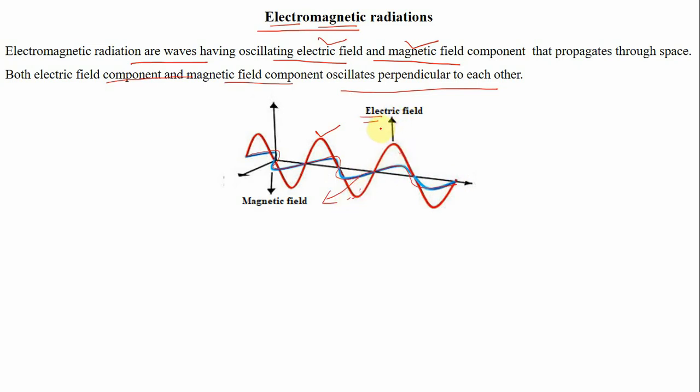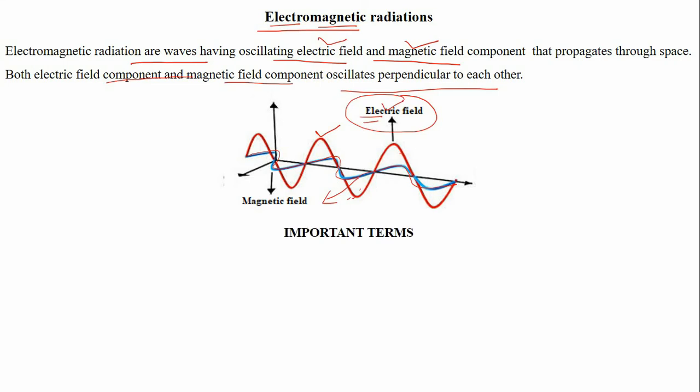It is a very important point to remember that most of the times when we study spectroscopy or any other technique wherever electromagnetic radiations are involved, only the electric field component is responsible for its property. So we will study only the interaction of the electric field with matter, not the magnetic field.